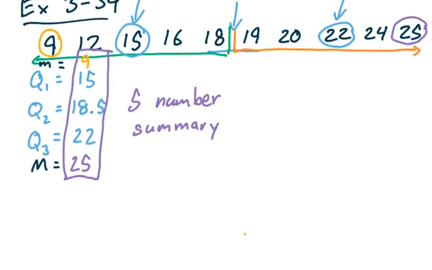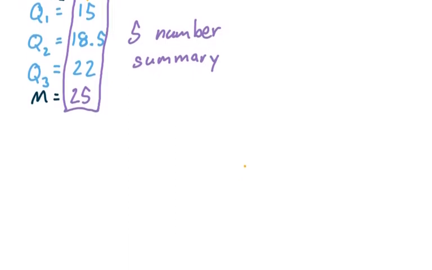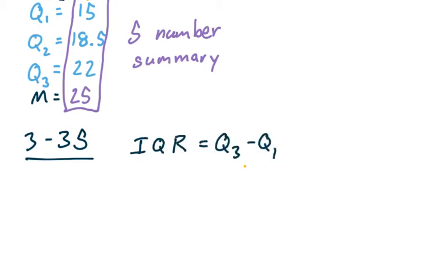Next, let us move on to the next example, 3-35, and we'll discuss the interquartile range. The interquartile range, by definition, is the third quartile minus the first quartile. So that would be Q subscript 3 minus Q subscript 1.